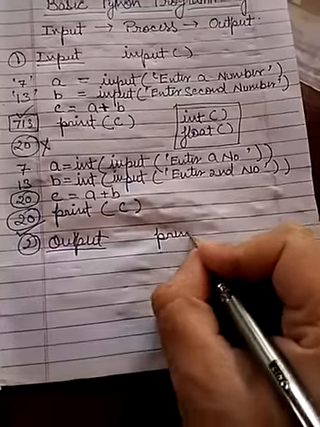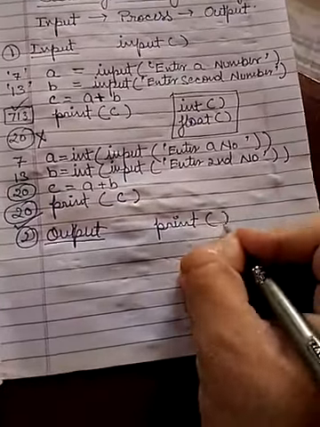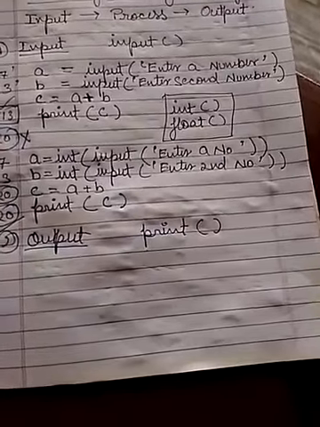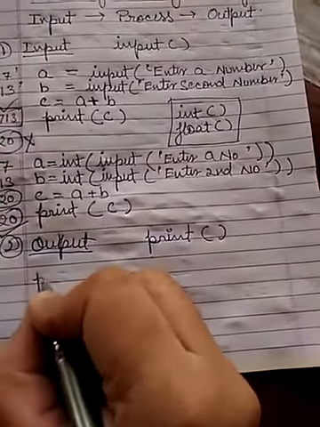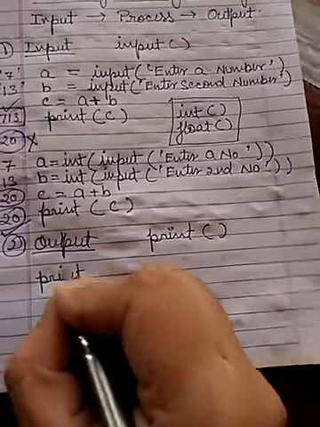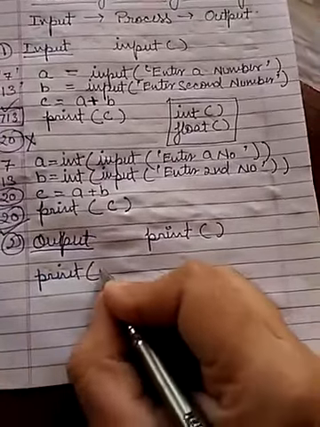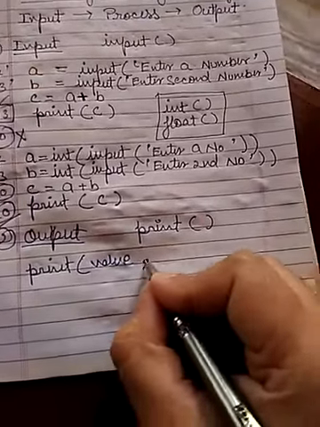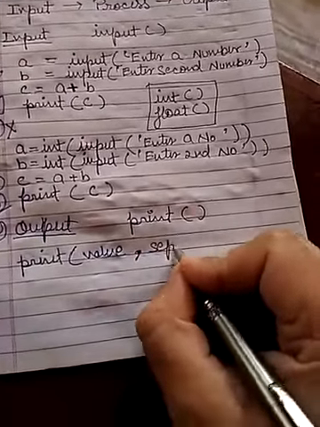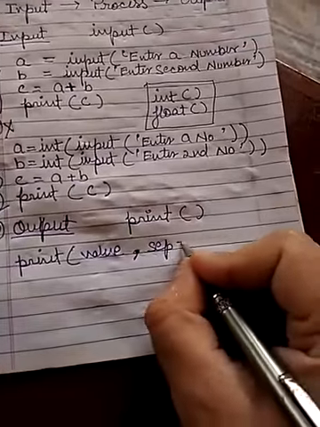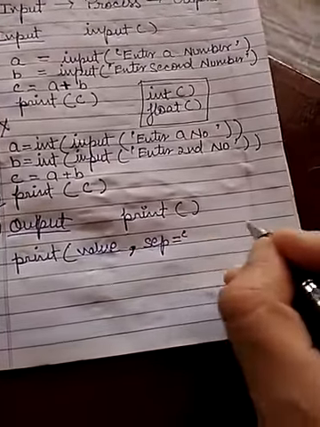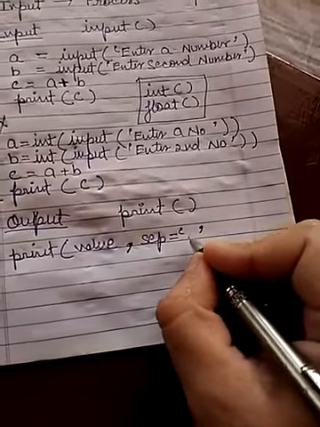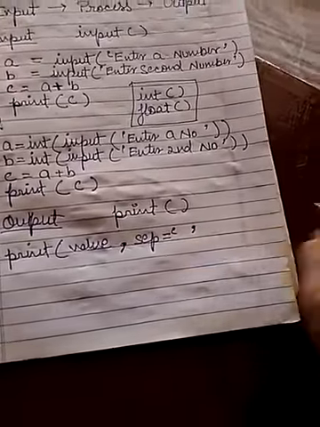Python provides the print function to print the output. Print function takes three parameters. First, the value which you want to print, comma, sep. Sep is for separator, meaning if you want to print multiple values and you want to separate them with some character, then you can write the character over here.